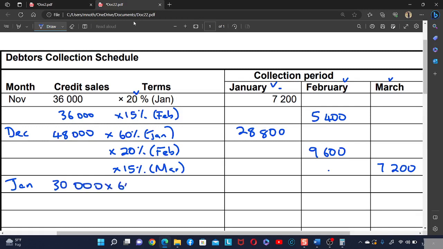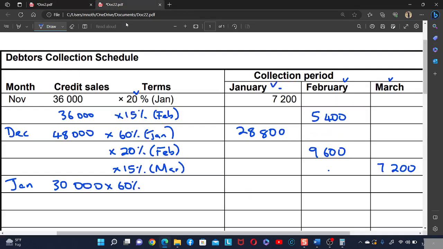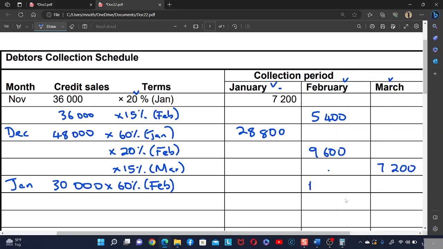And then 60% is going to be paid when? It's going to be paid in February. 30,000 multiplied by 60% is going to be 18,000, right?